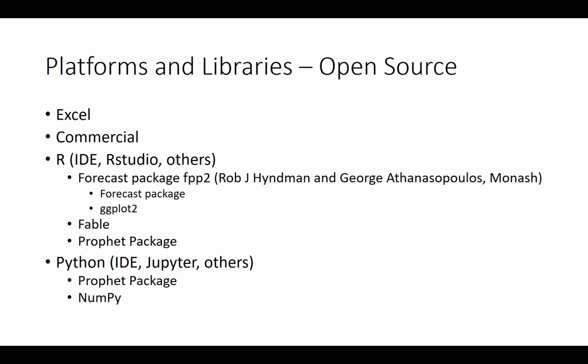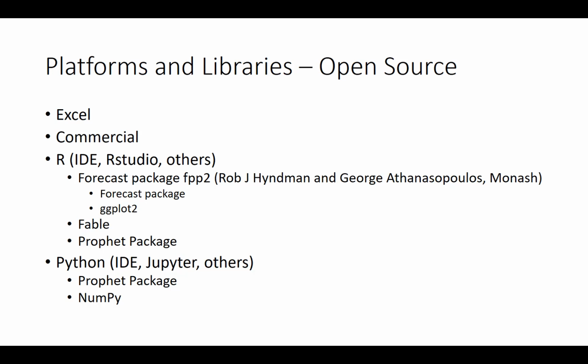If you want to go open source, certainly you can do R. There are development tools there like RStudio and others. And again, that's what Hyndman's using. I'm referencing the old FPP2 here, but he's got the new book out there as well. And then ggplot, that's really good.